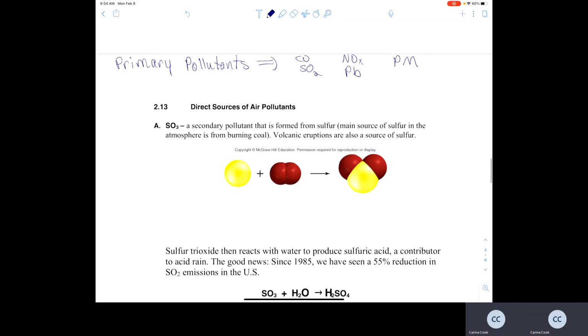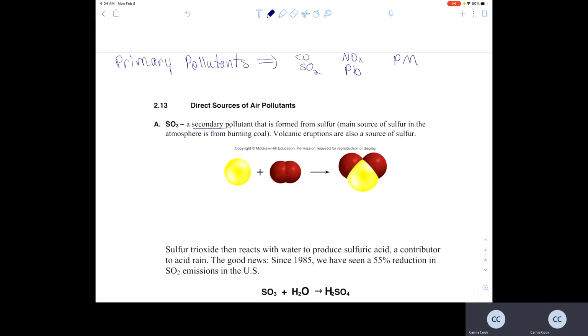Now, there are also secondary pollutants, like SO3. And so secondary pollutants are formed from primary pollutants.